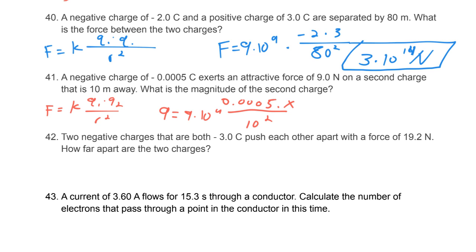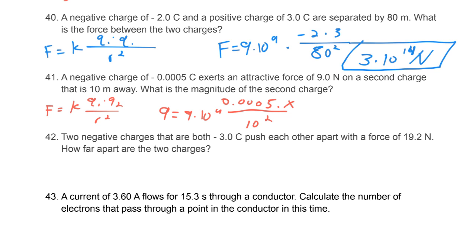So as I plug this into my calculator, I'm going to do the 10 squared, which is 100, and multiply that to the other side. So now I've got 900 on the one side, and I'm going to divide away the other numbers. So divide by, in parentheses, 9 times 10 to the 9th, and then I'll divide away the 0.0005.